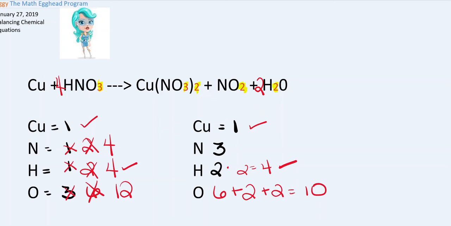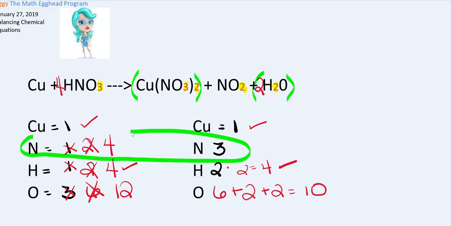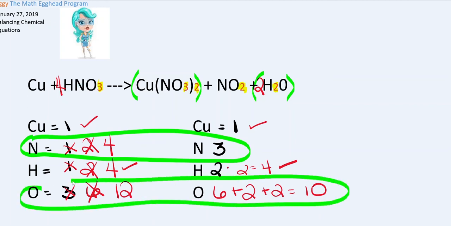You have to start thinking process of elimination. If I start touching the hydrogen on the water side, then that's going to change my hydrogen. If I start touching the nitrogen on the copper 2 nitrate, it's going to change my copper. So it would just be easy for me to touch the nitrogen dioxide because I know my nitrogen and my oxygen are not balanced here.